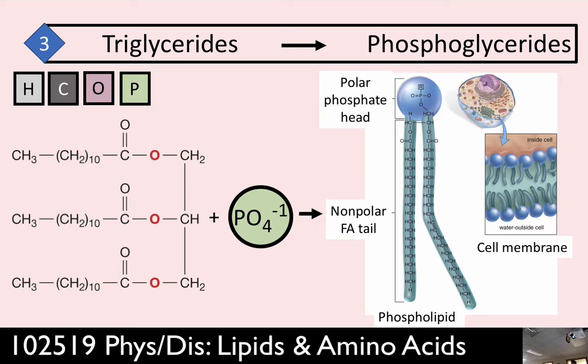And then I would ask maybe a higher order question. So, for example, describe for me a biophysical property of a phosphoglyceride? And you would say, well, it's polar on one end near the phosphate group and nonpolar on the other end, which enables it to form these lipid bilayers.